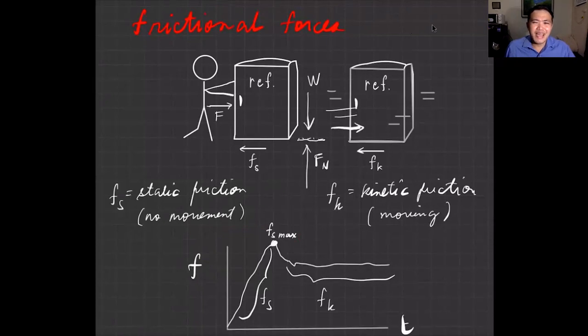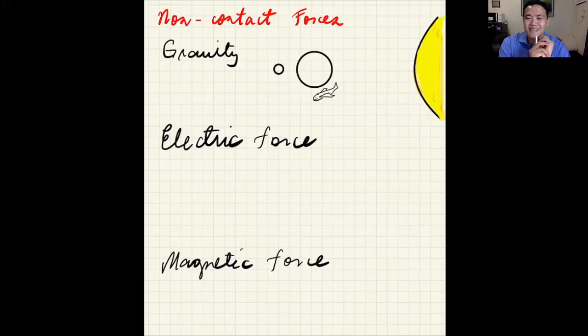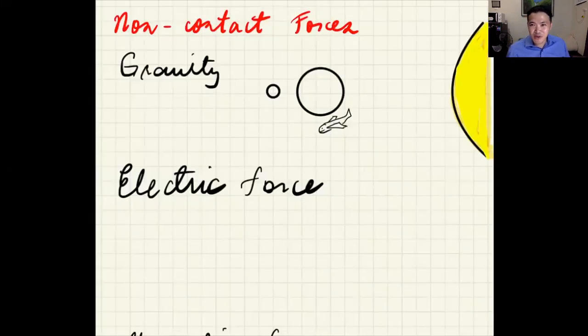So now let's discuss non-contact forces or action at a distance forces. Let's start with the first, also very common, non-contact force, also called action at a distance force. The first and the most common is gravity. Like all of us, we are all experiencing this.